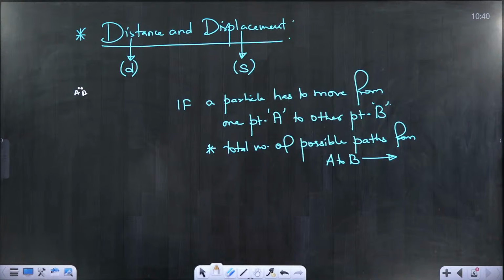Beta, you all are giving bookish answers, some of which are not correct also. Please listen first to what I am asking, then try to answer. If a particle has to move from one point A to another point B, A and B can be any 2 points in space. How many total possible paths are there from A to B?